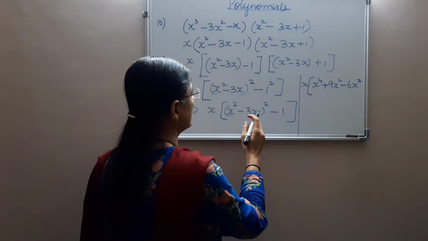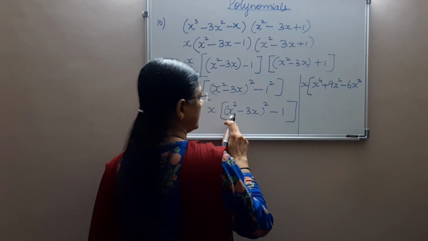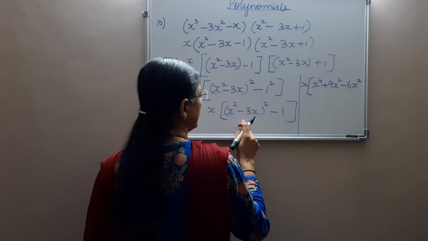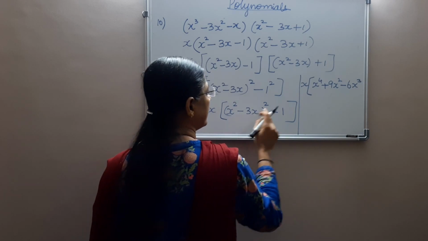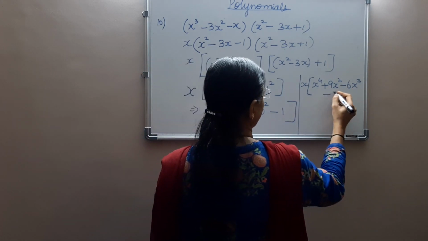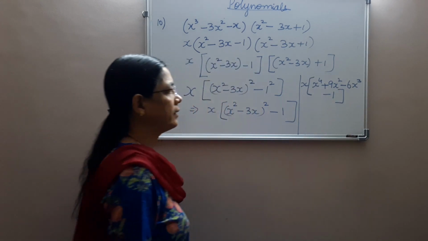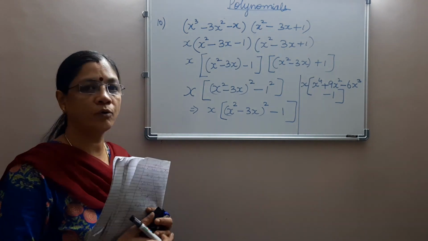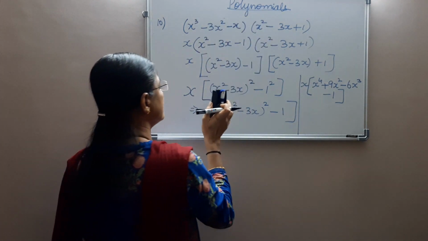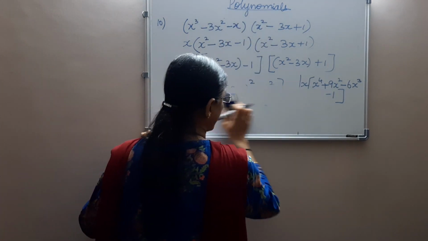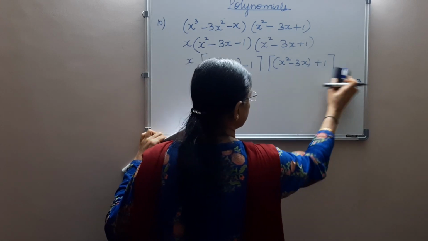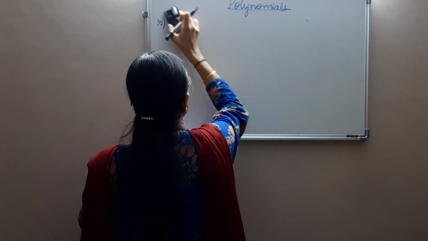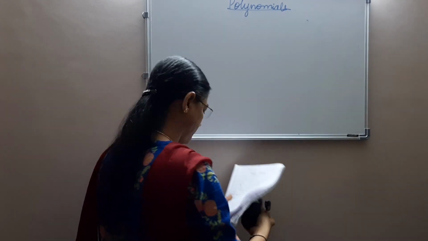So x power 4 is a squared, plus b squared, that is 9x squared, minus 2 3s are 6x squared into x, that is x cube, minus 1. So you can write it like this also. This is what we get by simplifying these two terms. So I should look for identities, so that I can simplify further.